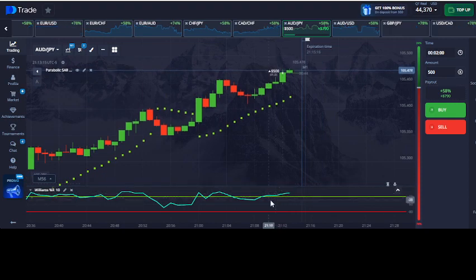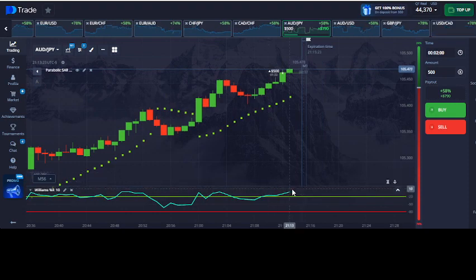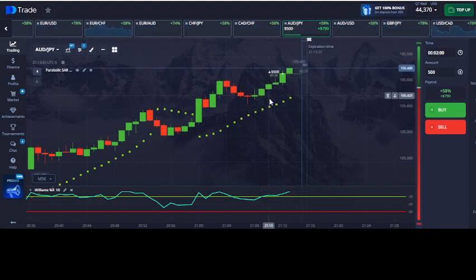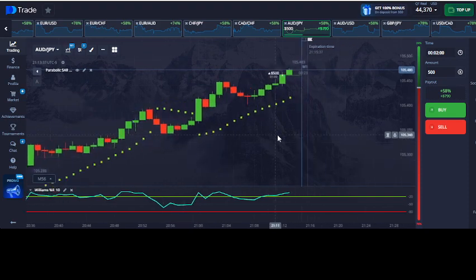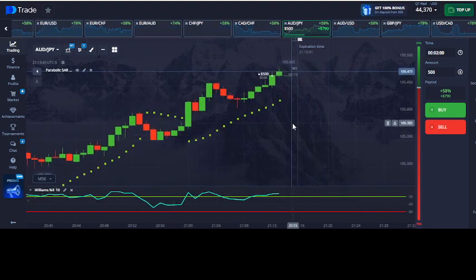And then first trigger here, the Williams percent R line has crossed above the 20 line, the green 20 line, in an upward direction. And then also the fractals are printing below the candles here. So those three combinations suggest a continued bullish movement to the upside.